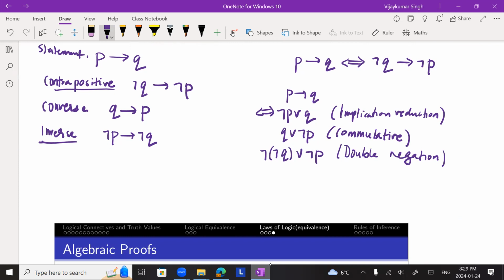This implies this, now again by implication reduction, is going to be negative Q implies negative P. We're done. Isn't it? You have the following, right?